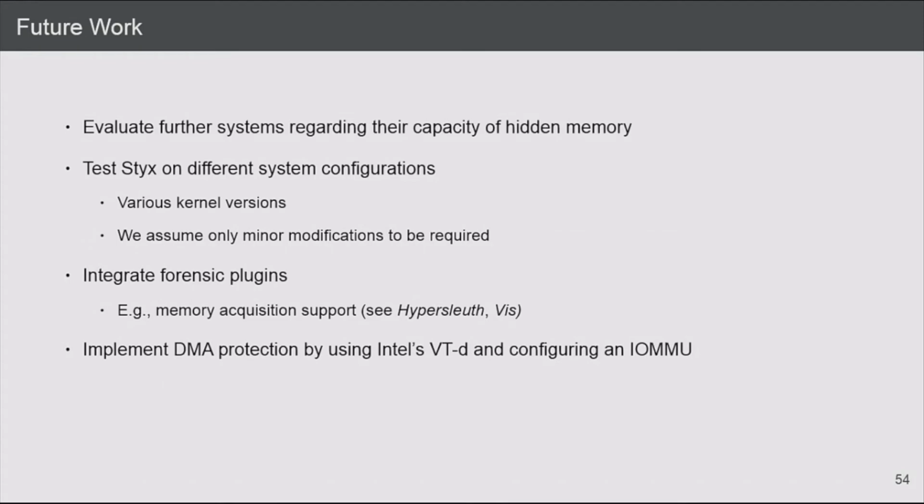Furthermore, we want to integrate forensic plugins like shown in projects like HyperSleuth or Vis, and we want to implement a DMA protection engine which basically makes use of Intel's VT-d feature and configuring an IOMMU, so all DMA accesses can be redirected simply with the same mechanism we used for standard memory.